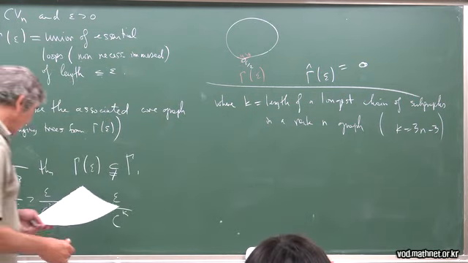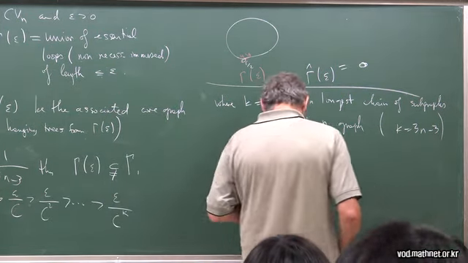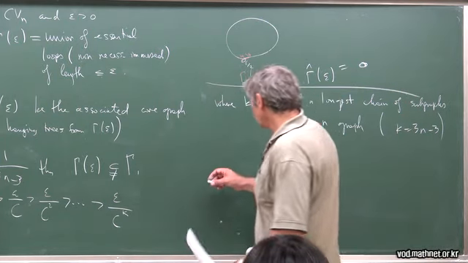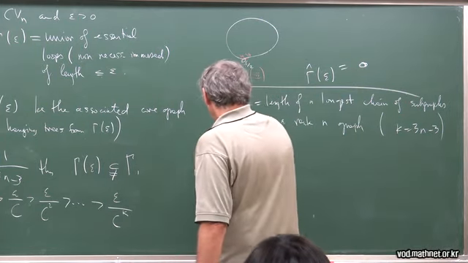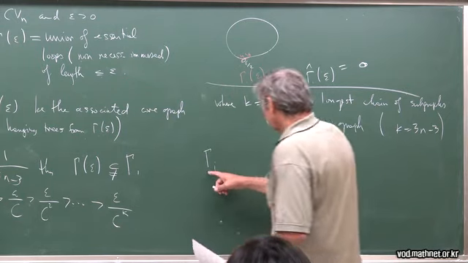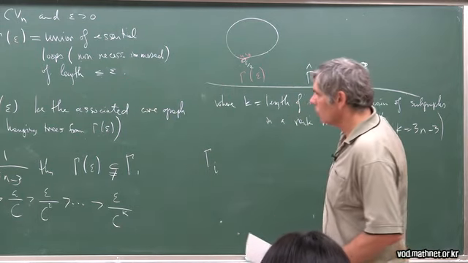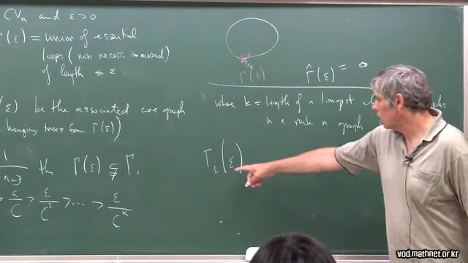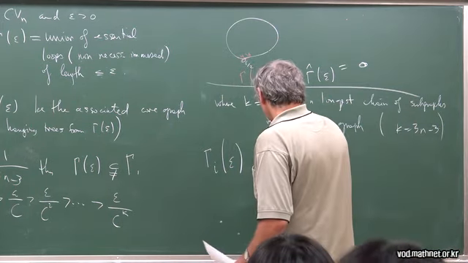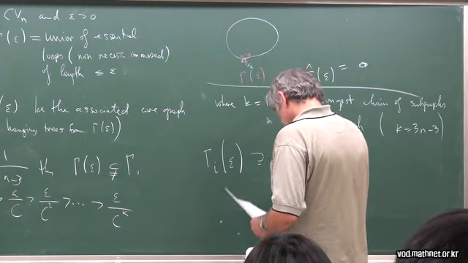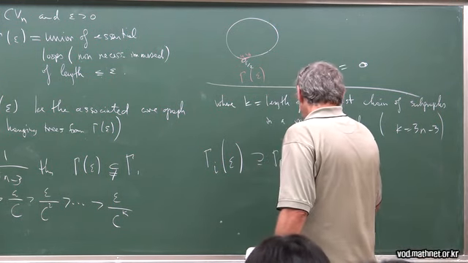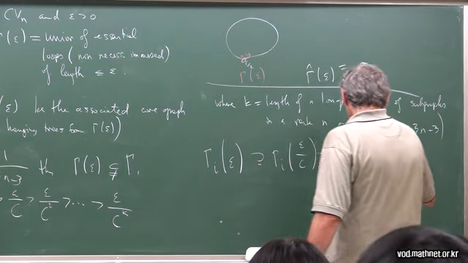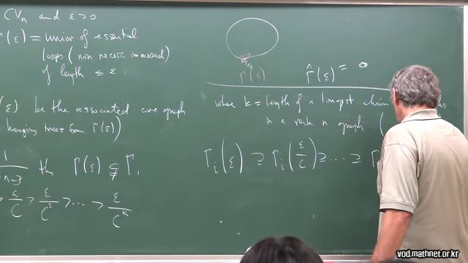So then what do we have? Here gamma I is one of our graphs in the sequence, and I'm looking at this subset, gamma I of epsilon. This certainly contains gamma I of epsilon over c, and so on. It contains gamma I of epsilon over c to the k.